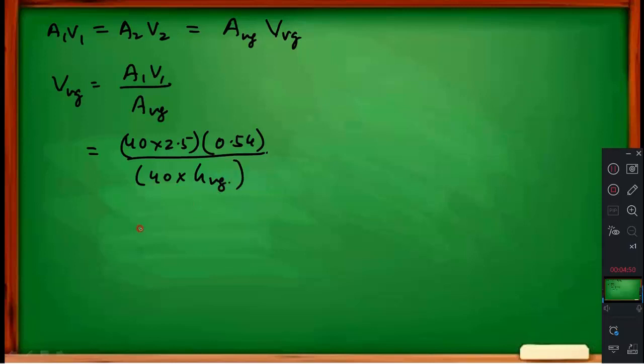H average is equal to 2.5 plus 4.5 by 2, which is 3.5.